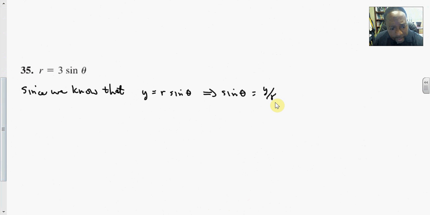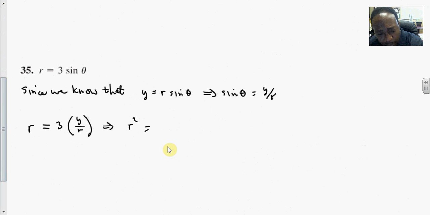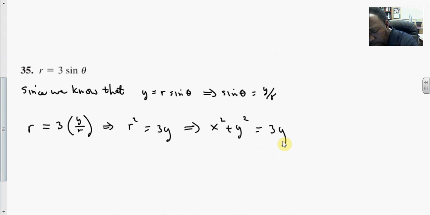So if that be the case, then we go back to the problem. We have r is equal to 3 times sine theta, but that's y over r. Multiply both sides by r, so we get r squared is equal to 3y. This implies here that we have x squared plus y squared is equal to 3y.